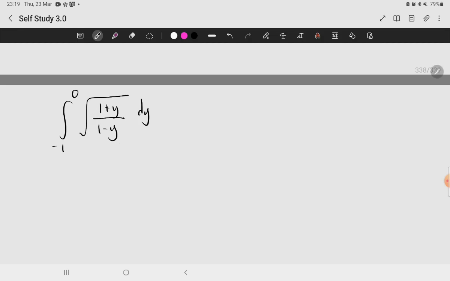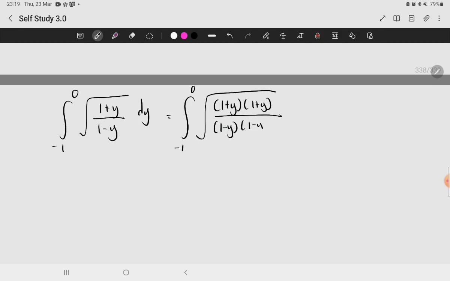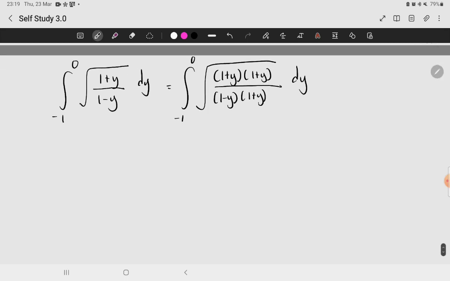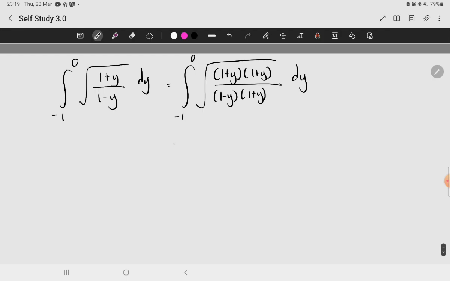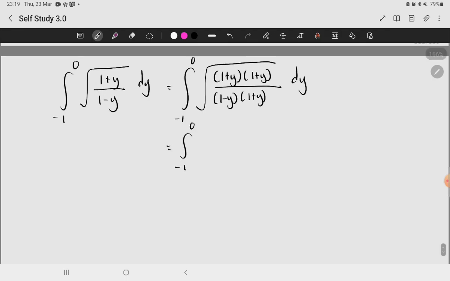So we will write out the integral from -1 up to 0 of the square root of (1 plus y) divided by (1 minus y), times (1 plus y) over (1 plus y). Okay, then after this, just expand, then you will obtain (1 plus y) squared divided by (1 minus y squared).